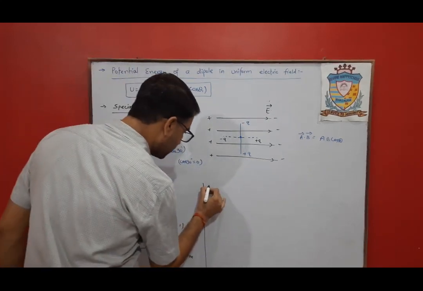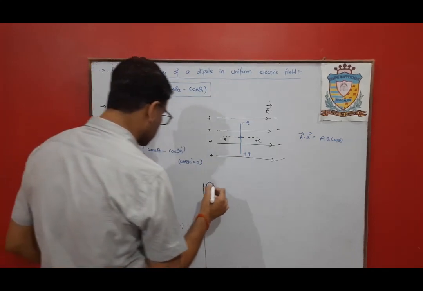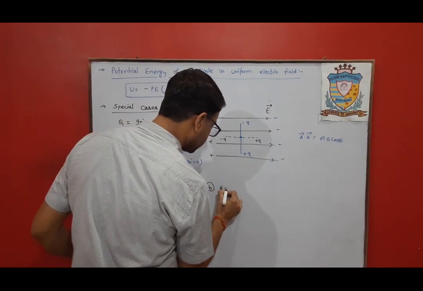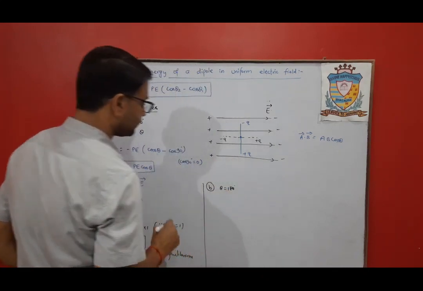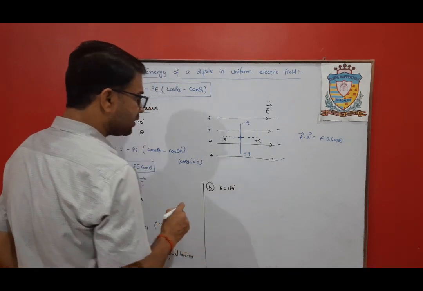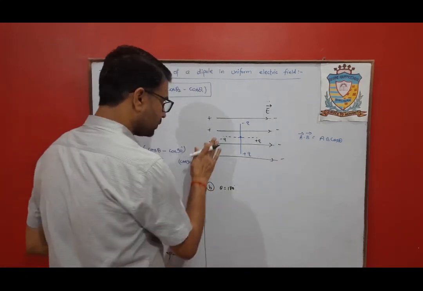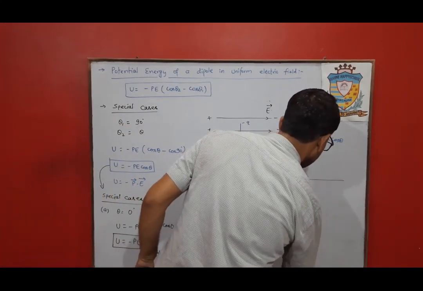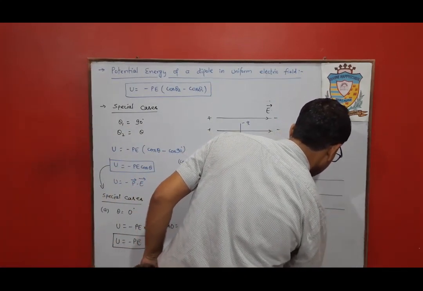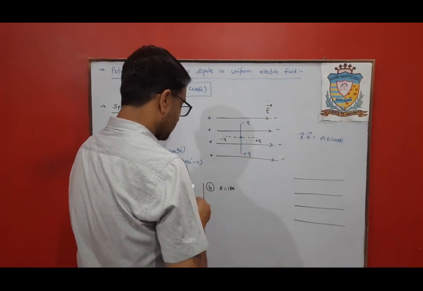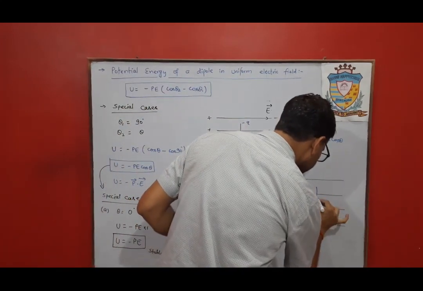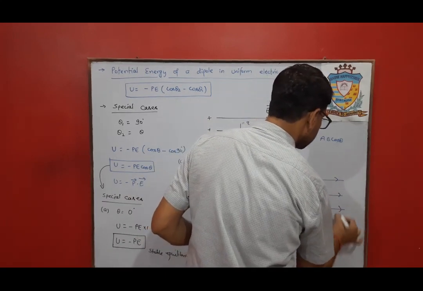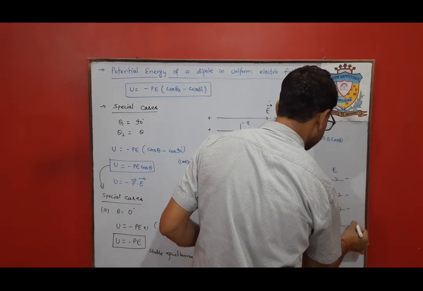Next, case B, when theta is equal to 180 degrees. 180 degrees means the initial condition, this is the uniform electric field.